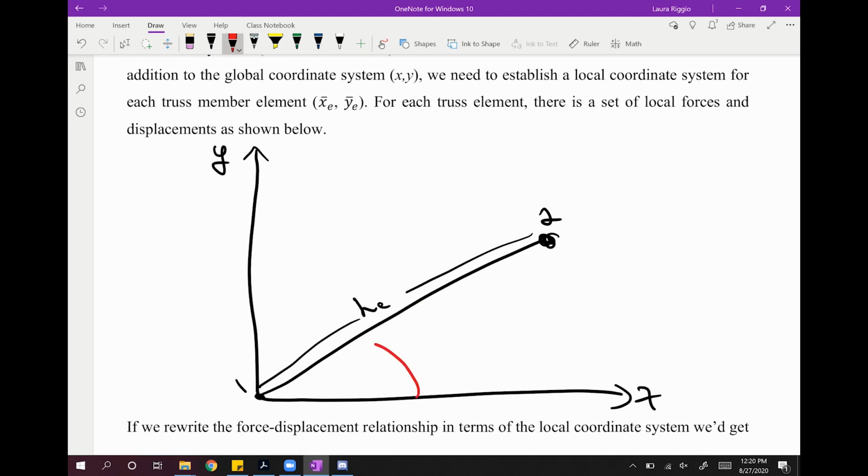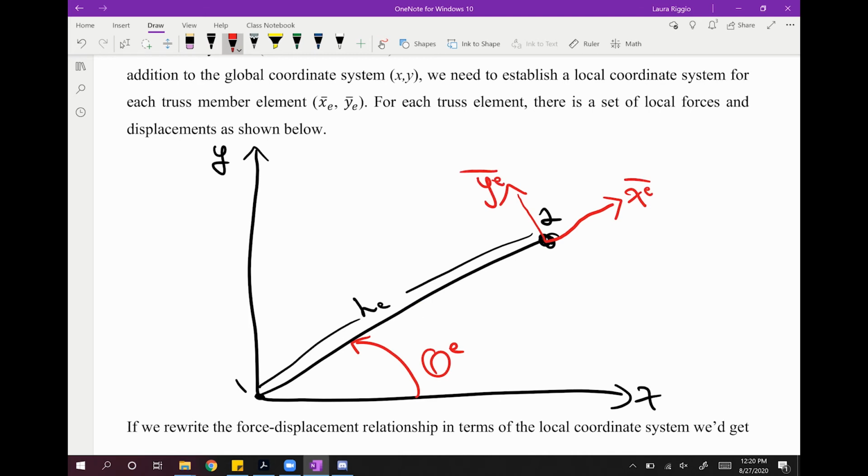This member is offset from our x-axis by some angle theta. And it has a coordinate system defined along it as X bar and Y bar.